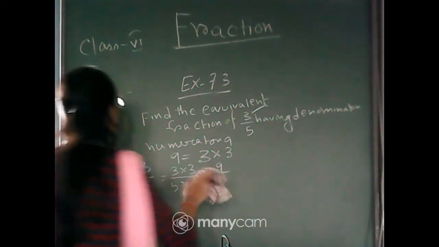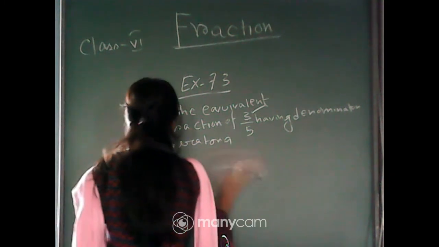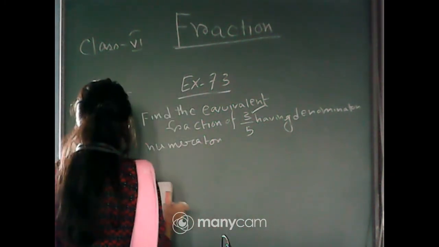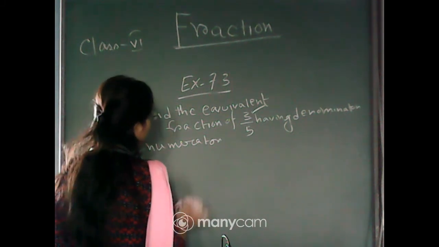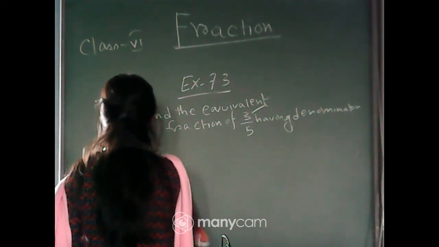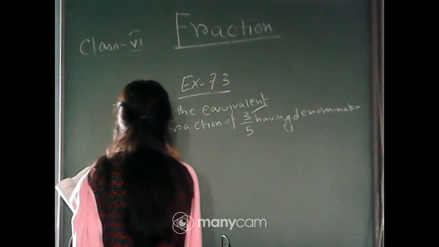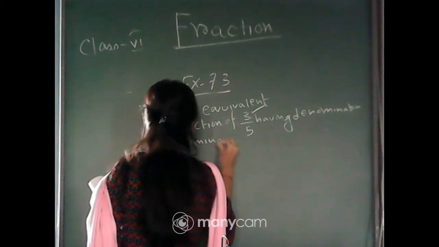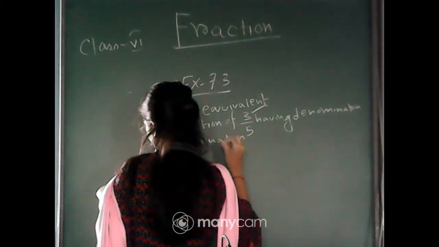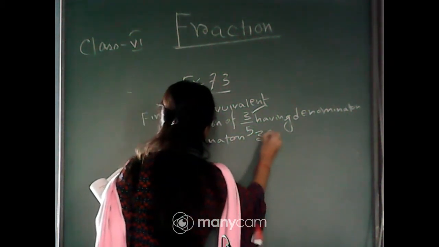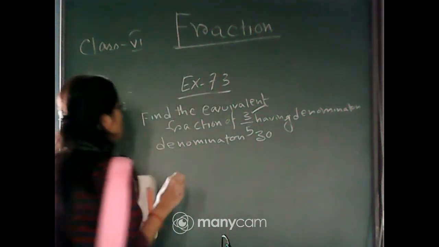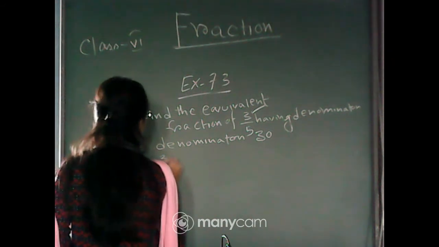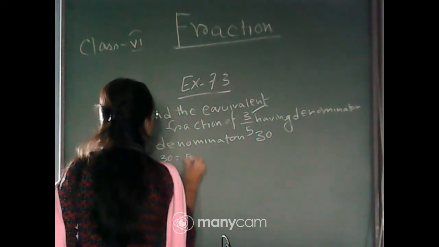Okay. The next question is, find the equivalent fraction of 3/5 having denominator 30. We first observe the denominator and find that 30 is equal to 5 cross 6.